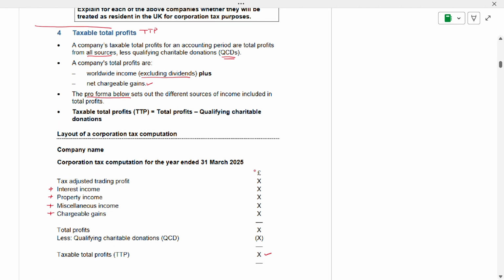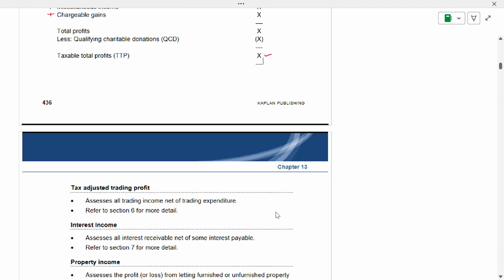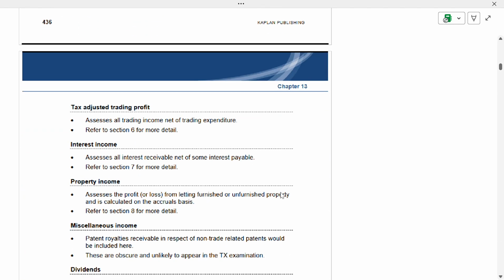You will get total profits, then you subtract QCD, and you get taxable total profits. Is it okay with you? Yes, sir.